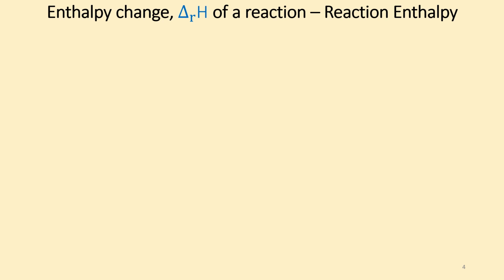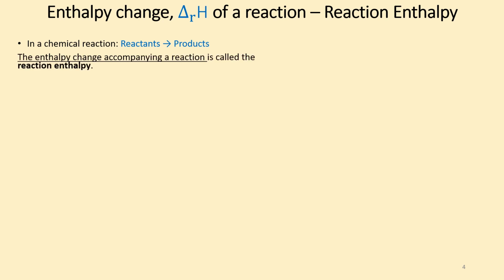Enthalpy change, that is ΔrH of a reaction, is also called reaction enthalpy. In a chemical reaction, we know that reactants react with one another to form products. The enthalpy change accompanying a reaction is called reaction enthalpy.